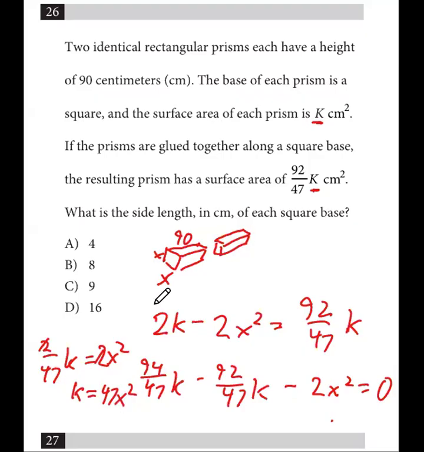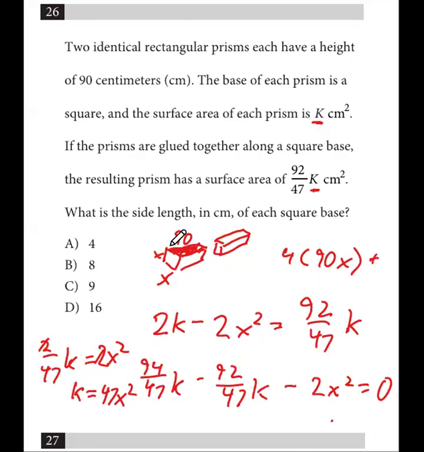And so now we need to solve for K. In this case, this is 90, these two are x. So the original surface area would be 4 times 90 times x, so 90x, because 90 times x gives us this surface here, and we have 4 of those for the 4 sides of the rectangular prism.